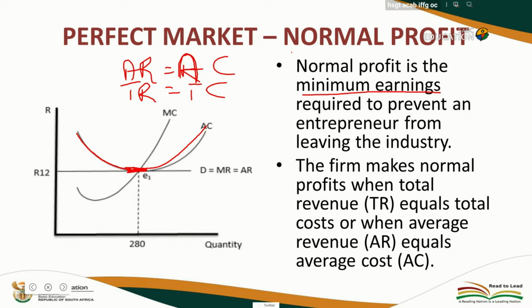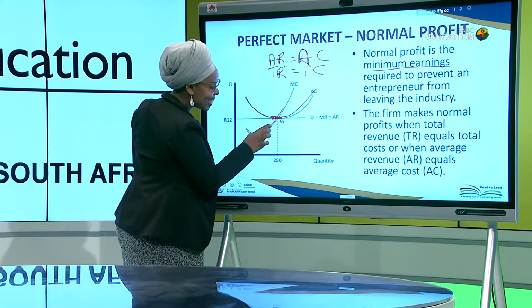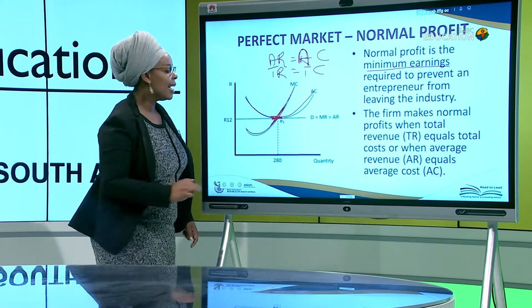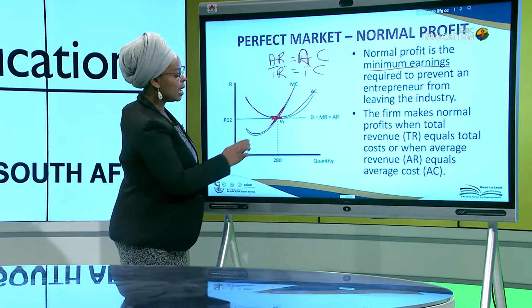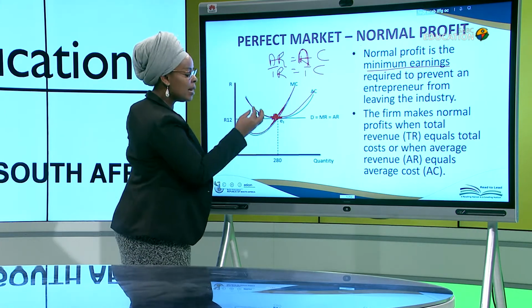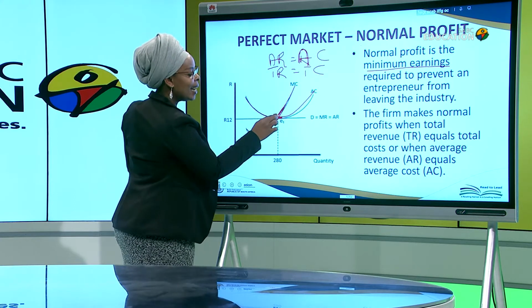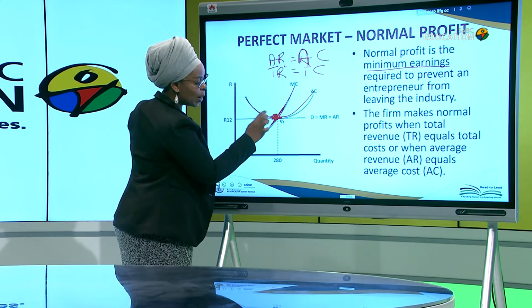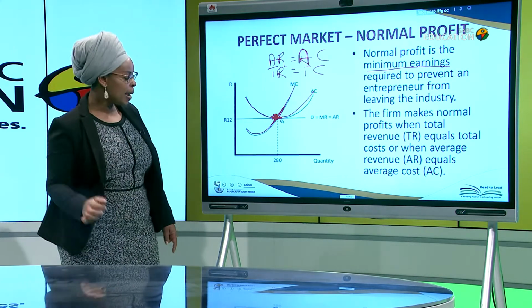Then you will draw your MC curve. Make sure that it intersects correctly at the lowest part of the AC. Then you label it MC. You label this point SE, meaning that MR and MC are equal here. This is the point where profit can be maximized.